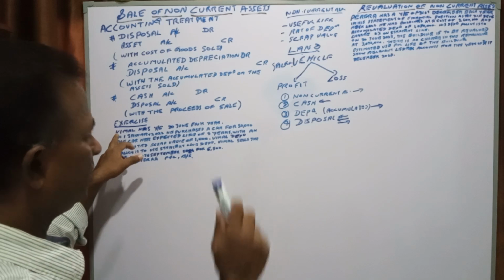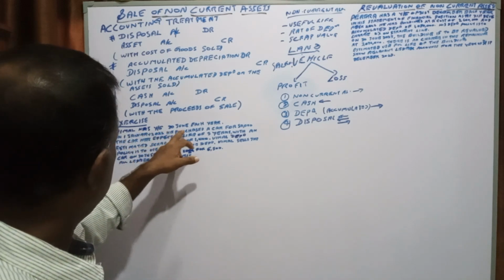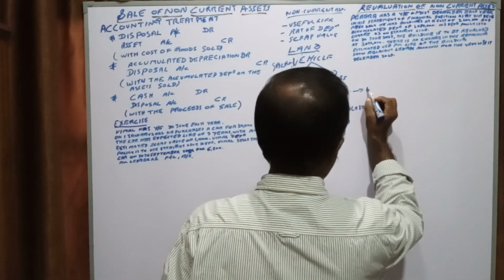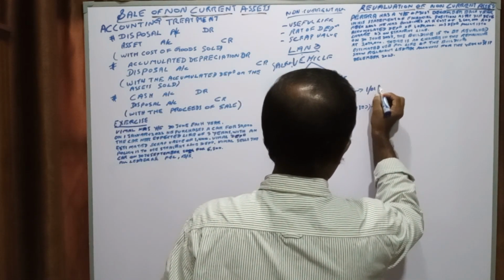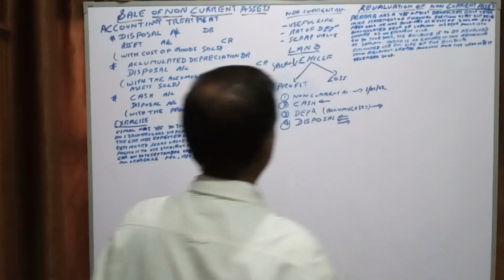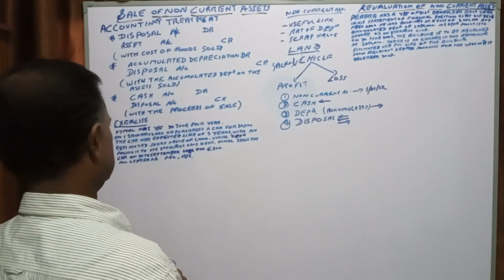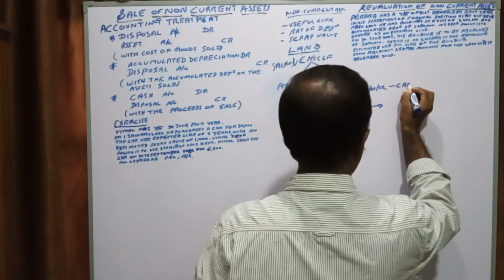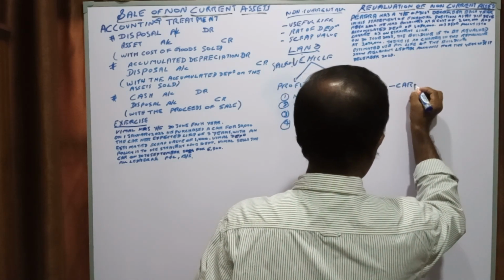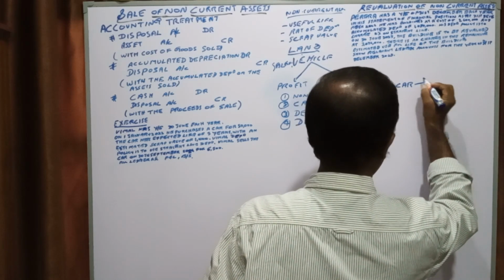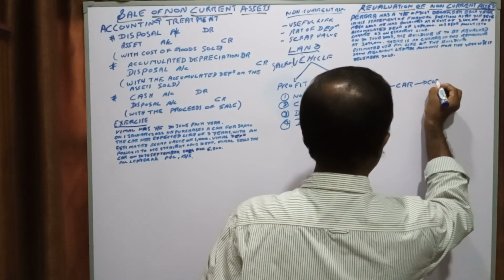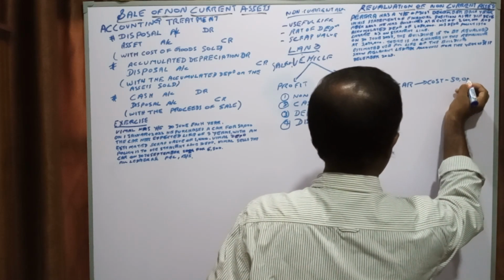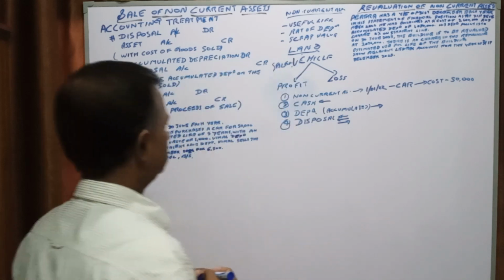Purchased car, that is a non-current asset. What is the value? Cost. Cost is 50,000.